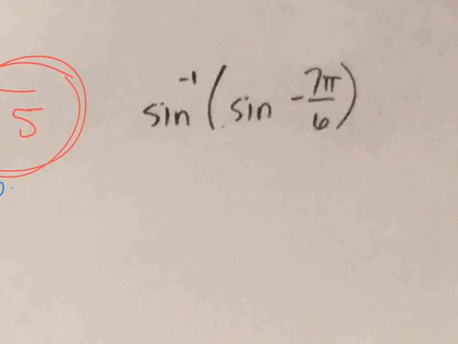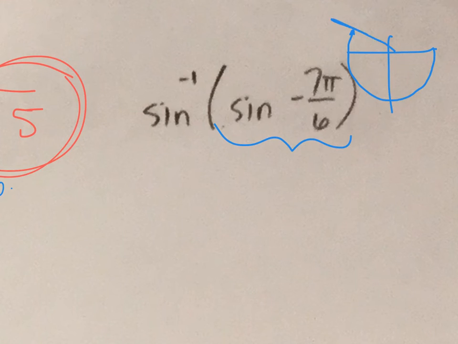Okay, and then our last example here, at what angle is the sine of negative 7 pi over 6? So if we follow this around, negative 7 pi over 6 is right here, okay, aka 5 pi over 6. And the sine at that point is 1/2.